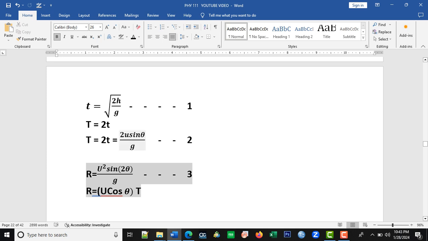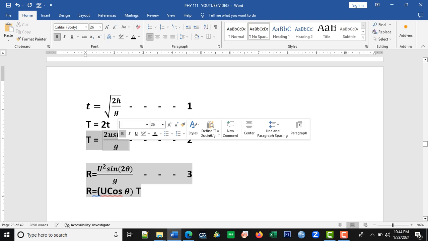Of course, looking at this equation 2, I'm seeing U here. I will use G to be 10. So we have been able to solve for T. In place of capital T, we are going to put the value that we have gotten. And so let me make use of this equation.